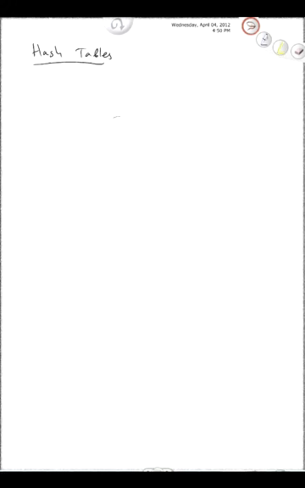So let me tell you a little bit about how to think about what a hash table is, and then we can go into its properties. Think of this as an array where the index can be anything.